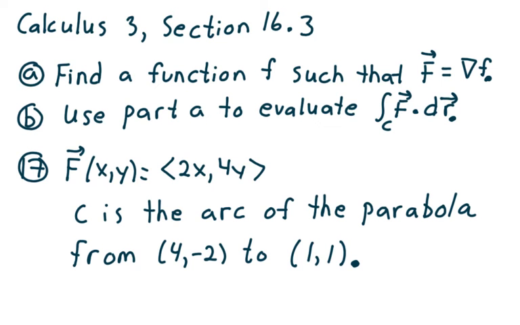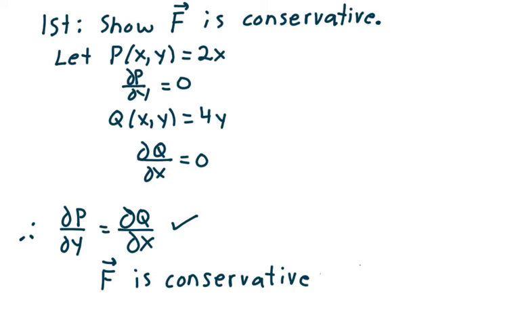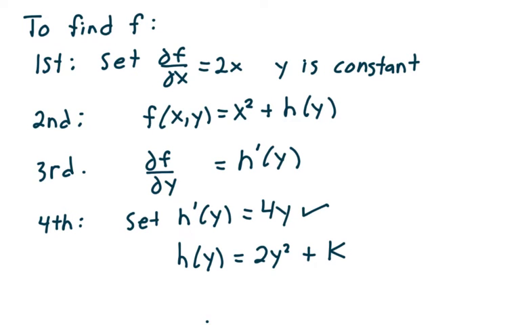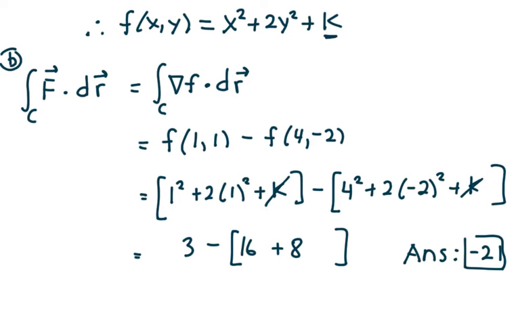I'm using the second component to get a handle on h of y. So h prime of y is equal to 4y, and so h of y is equal to 2y squared plus k. You find h of y the typical way you did in Math 400. So now that we know h of y, I can put everything together: f of x, y is equal to x squared plus 2y squared plus k.